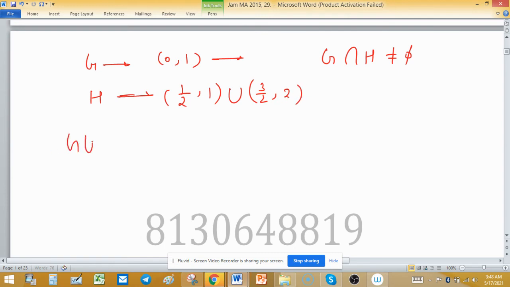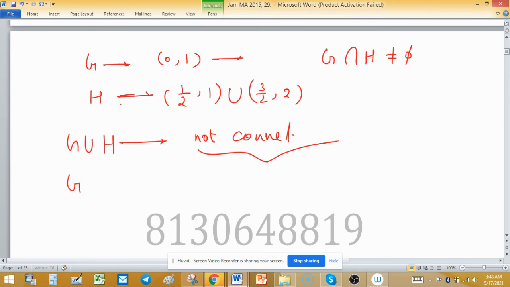So H union G, or G union H, you can see here it will not be connected. The union is not connected because we are not getting an interval.